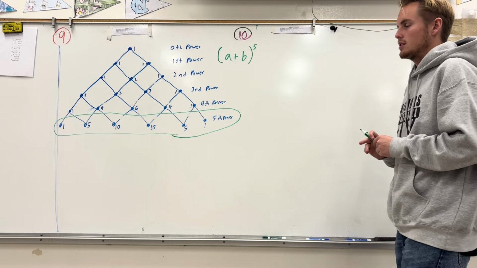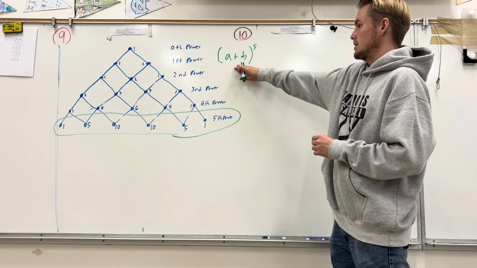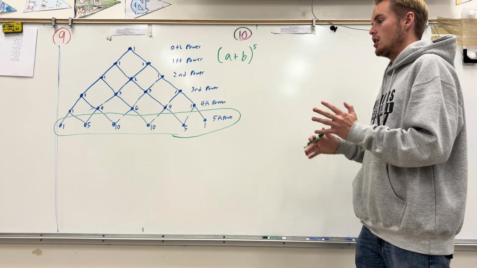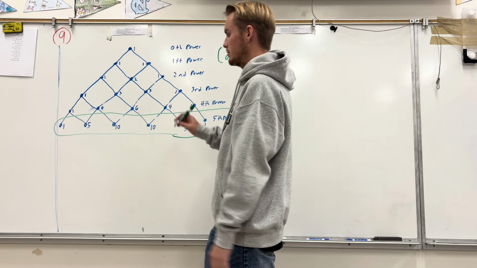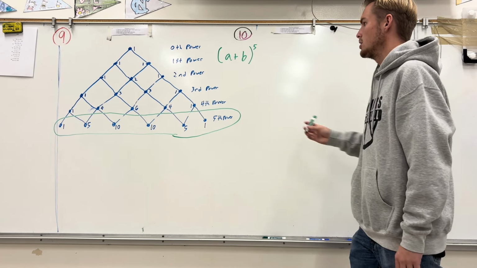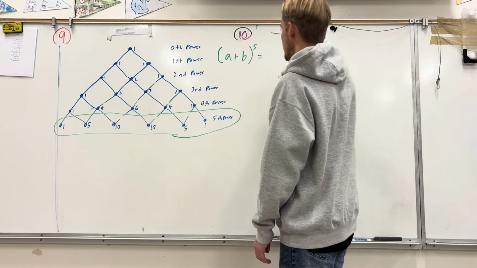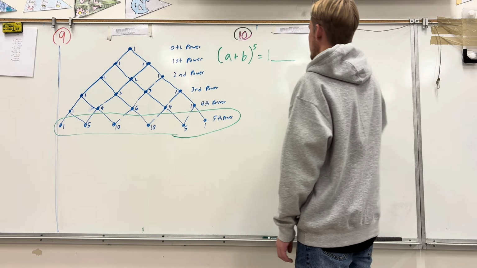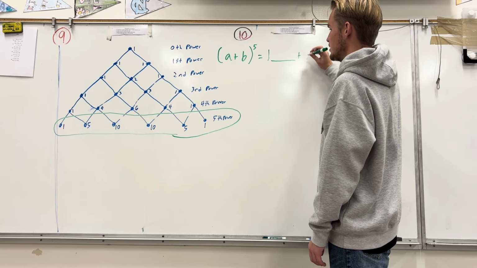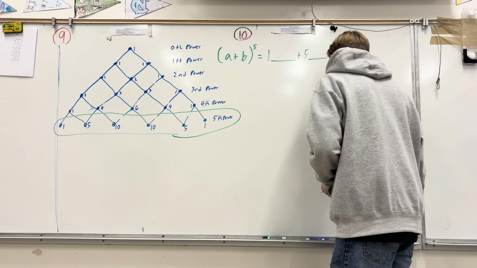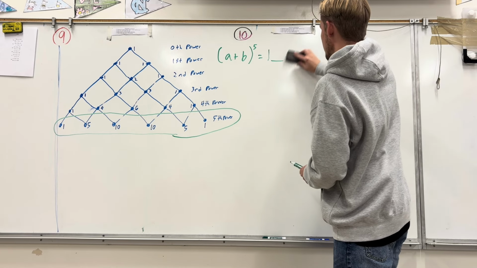They tell us that we're going to expand this into a bunch of different things. And each of those things are going to have a leading coefficient of 1, then 5, then 10, then 10, then 5, then 1. So what does that look like? This thing really equals 1 times something plus 5 times something. I need a little more room. Gotta write smaller.